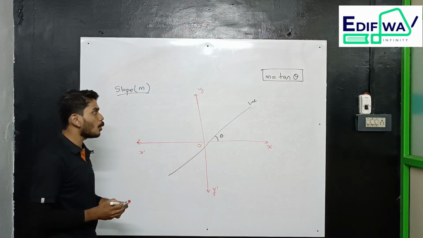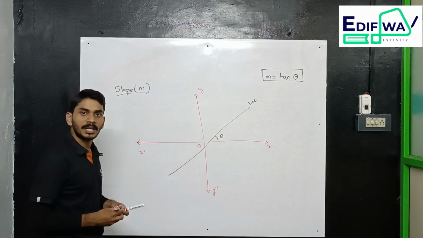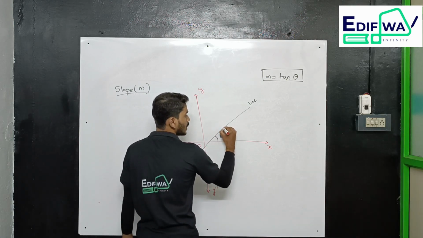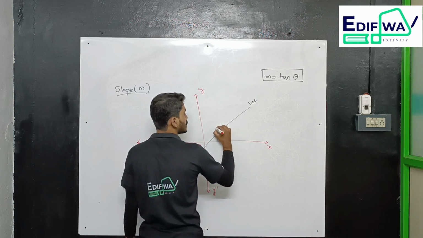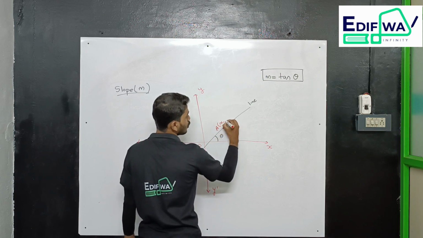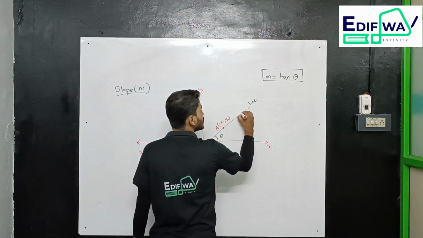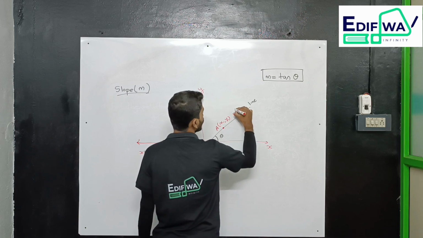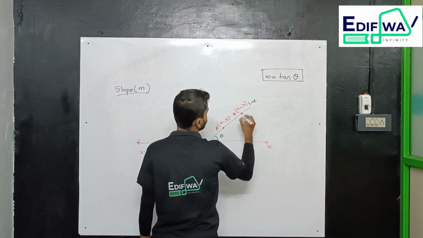Clear? Now there is another way to find slope from a line, that is, if two points on this line are given. Suppose the first point is A with coordinates x1, y1, and another point B is given whose coordinates are x2, y2.